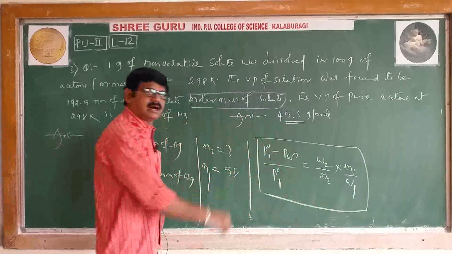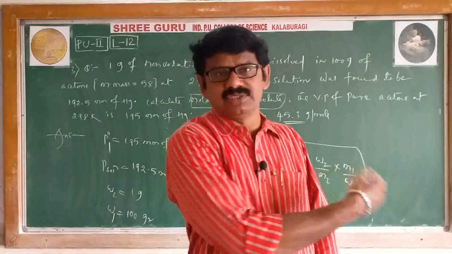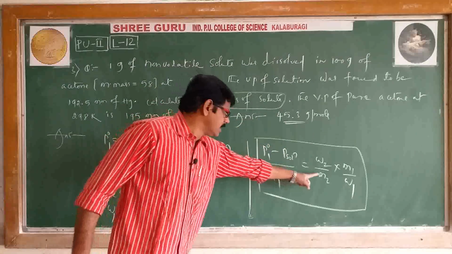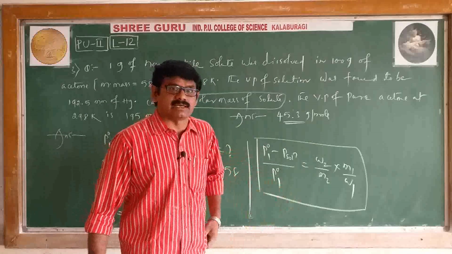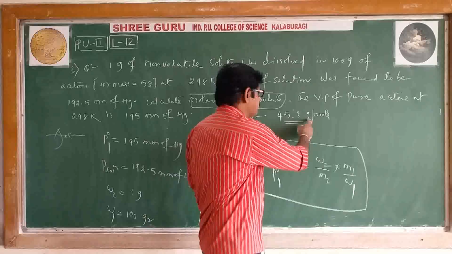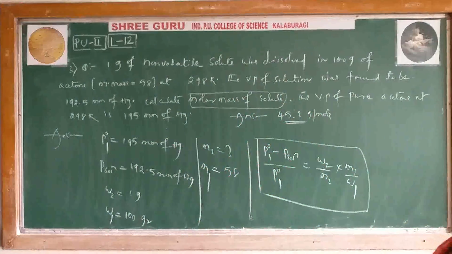Please substitute all the values carefully and calculate. You will get this answer: M2 equal to 45.3 gram per mole. Always the molar mass unit is gram per mole only. Okay, right. We'll see the next problem then.